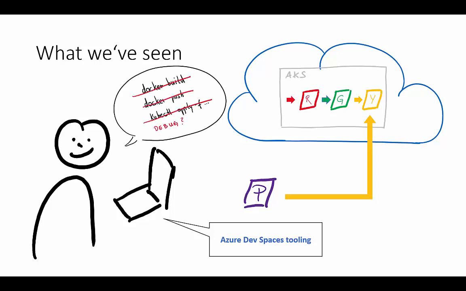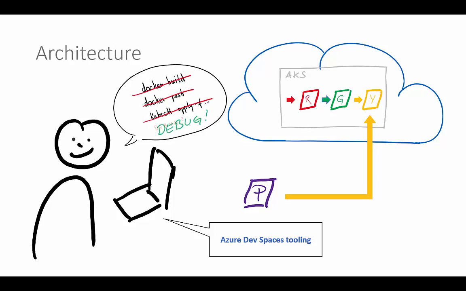There's no more need for Docker build or Docker push loops, and there's no need to actually command Kubernetes to run a specific workload, because the workload will continue running on your local machine during your development time. Debugging is something that is completely done locally with your local debugging tools. By getting rid of annoying and time-consuming tasks during your development time, this is how Azure Dev Spaces will help you improve your developer experience and speed you up.